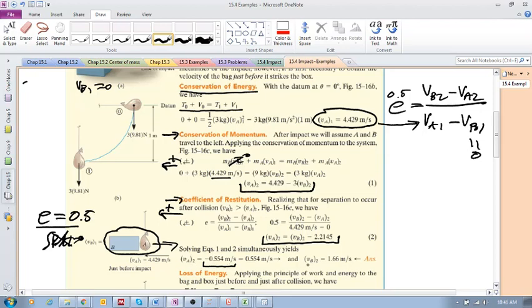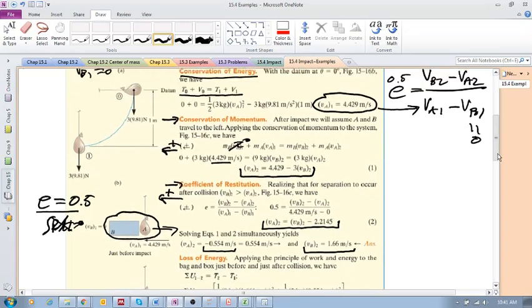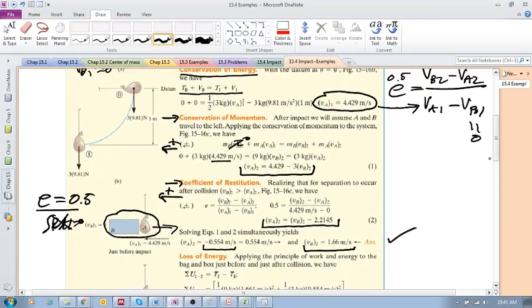Then what happens to particle B? It started at 0 meters per second, and then there was this transfer of energy, even though there was energy lost, and we had B moving to the left at 1.66. So there we've solved question 1.